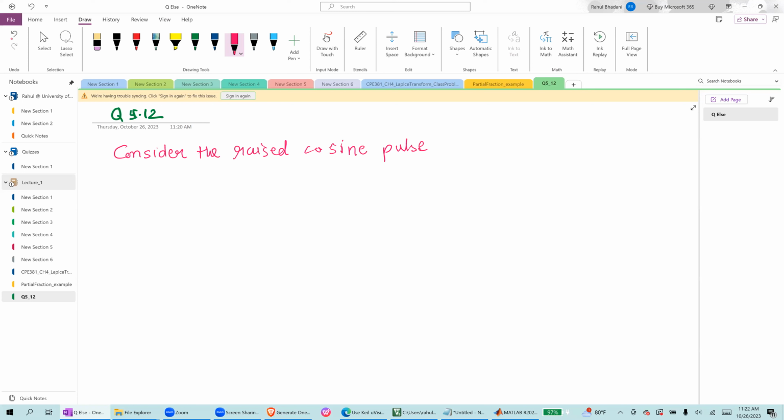Consider the cosine pulse x of t equal to 1 plus cos pi t.